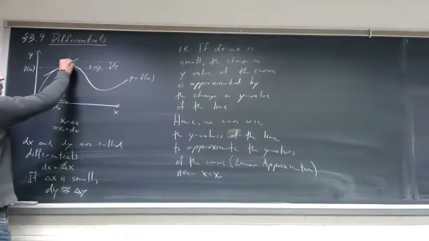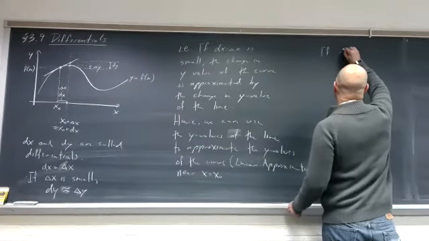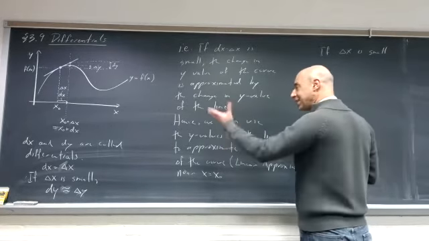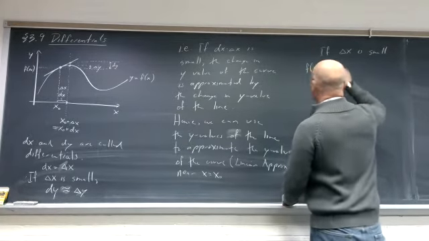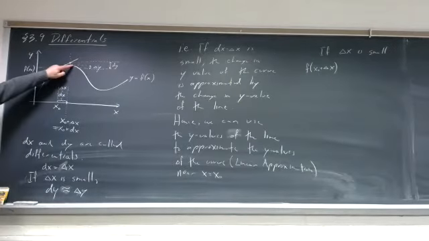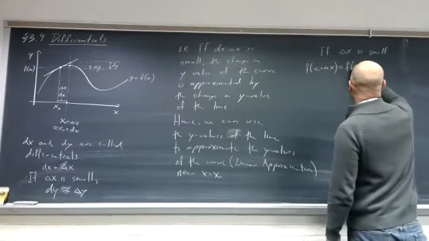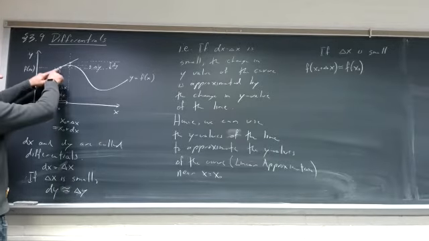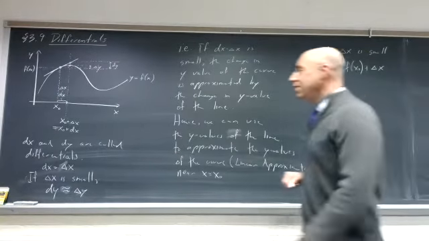Okay, so in that case, if delta x is small, taking what we've written in words and putting it back into symbols, f of x naught plus delta x, the y value at this new height, the y value at that dot right there, is approximately equal to f of x naught, the y value at this original point, plus the distance that we moved over, which is delta x, times the slope of this line.